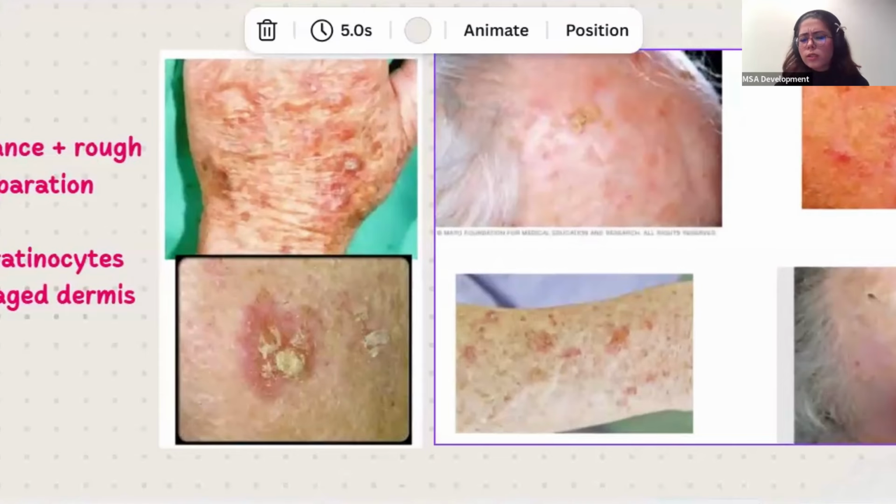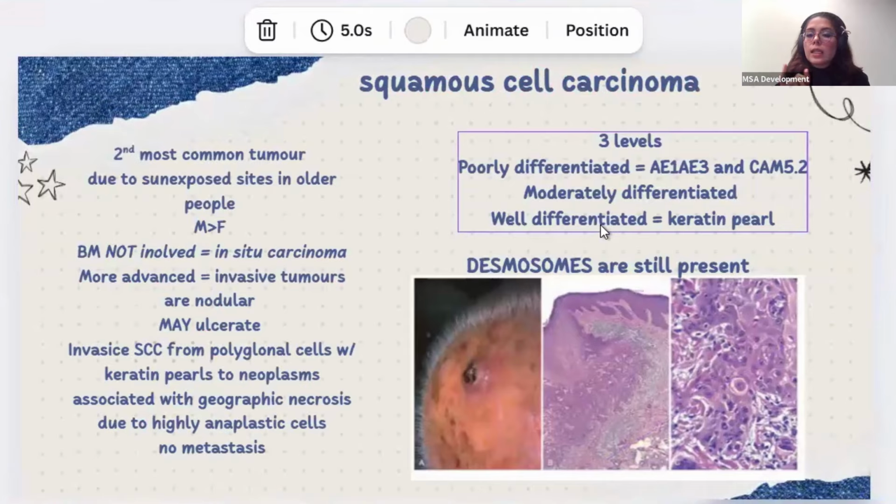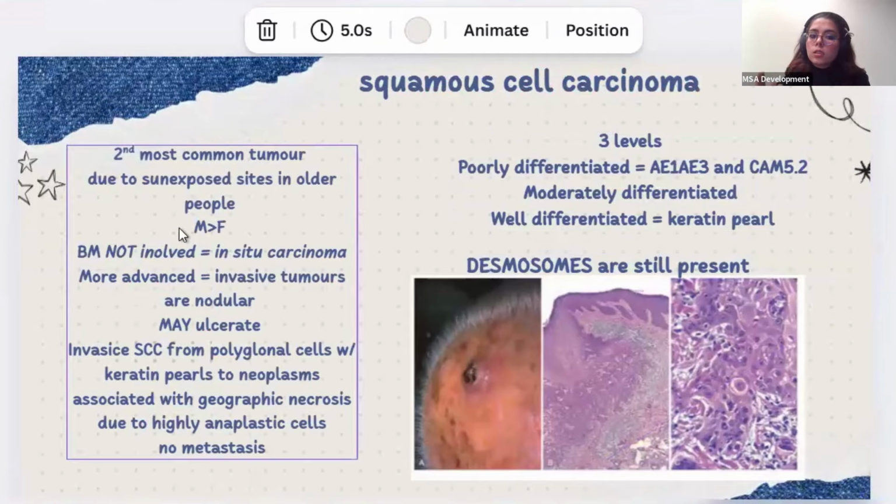Finally, we get into something that's more mind stimulating. Squamous cell carcinoma, which is SCC. It's the second most common tumor. Sun-exposed sites in older people. Males are more likely to develop it compared to females. The basement membrane is not involved, so if it's not involved, it's called in situ carcinoma.